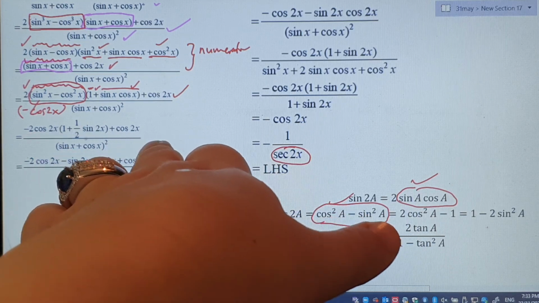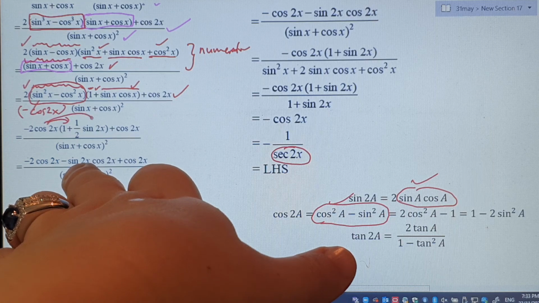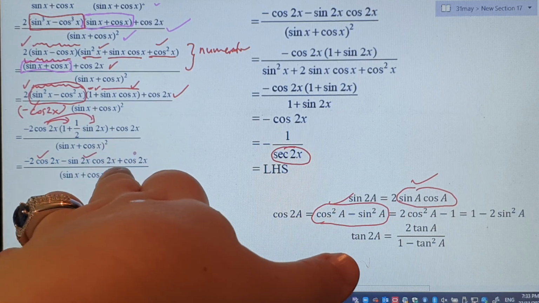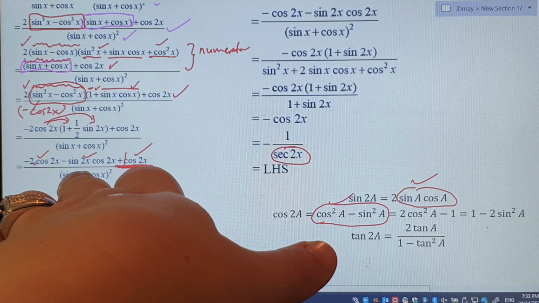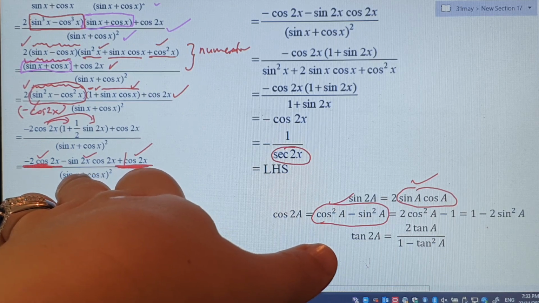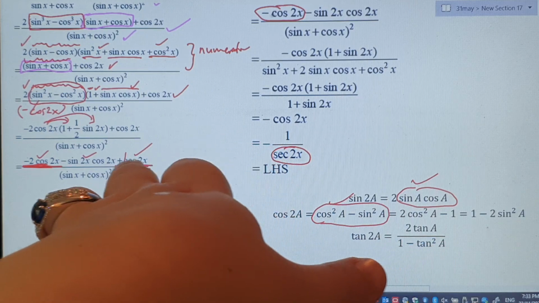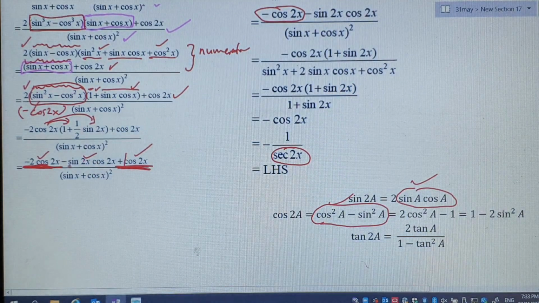I can now expand this, open up the brackets, and I'll end up with this minus this, and then plus this. And notice that there's one of this here and there is minus 2 of this here. I can combine it to become this. It's like 1 minus 2, so it's minus 1. This remains unchanged.